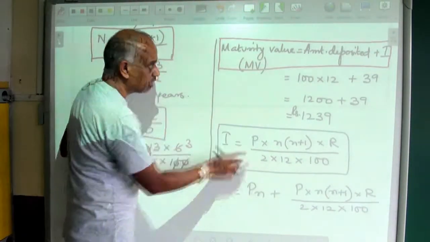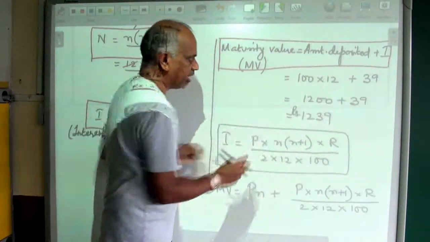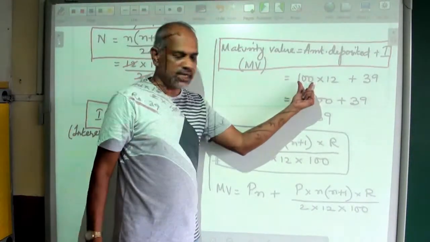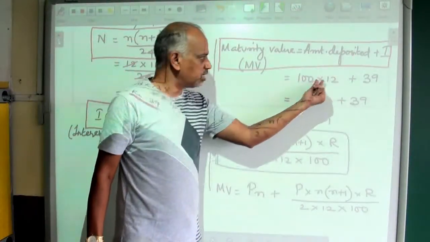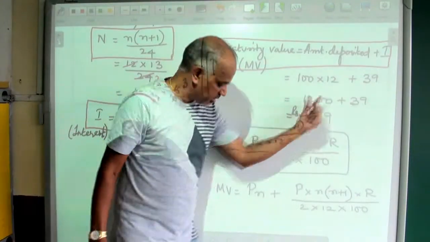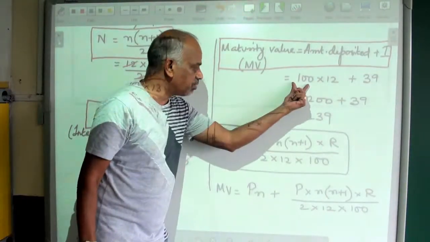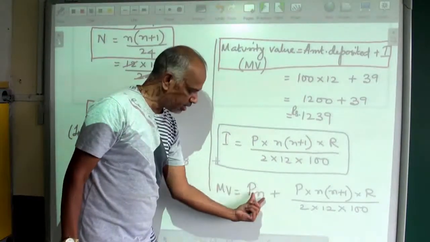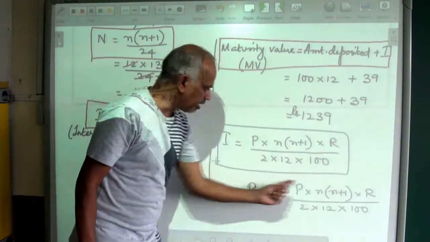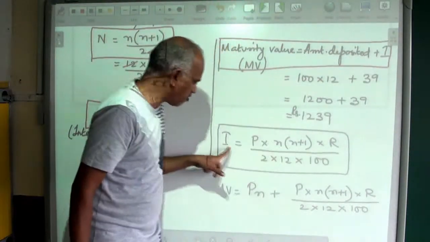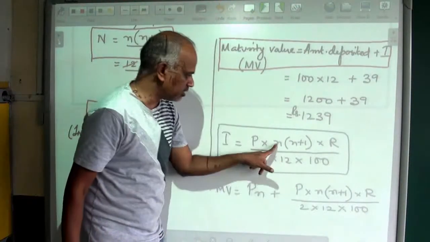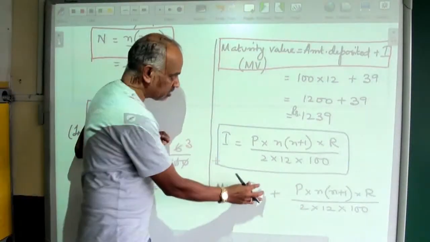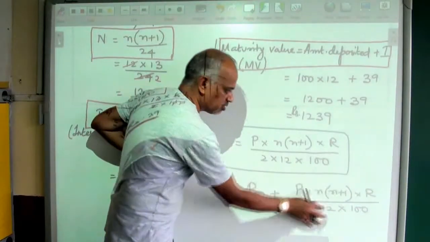Maturity value is amount deposited. That is, amount deposited means every month how much you deposited into the number of months. That is P, principal. Every month deposit P into 12 is the number of months, Pn, plus the interest I formula is this. Same thing. So this is amount deposited plus this is interest formula.